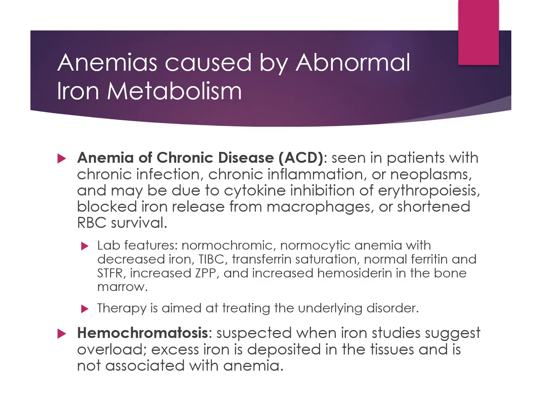Other anemias caused by abnormal iron metabolism may be anemia of chronic disease. This first one is seen in patients with chronic infection and inflammation. Could be due to neoplasm, and it may be due to cytokine inhibition of erythropoiesis. So ultimately, there's some kind of communication problem.